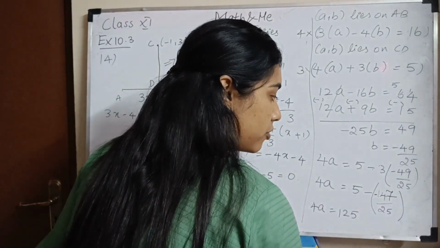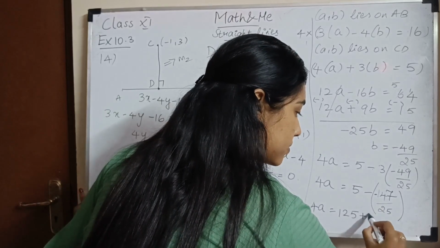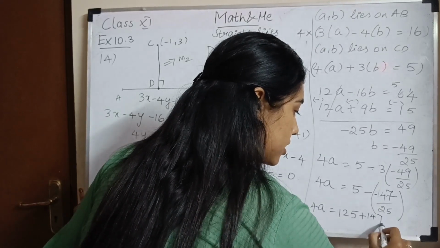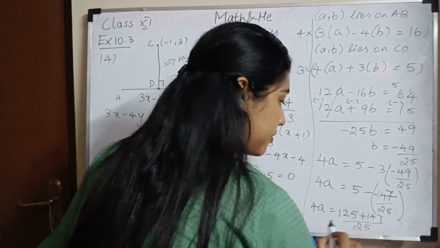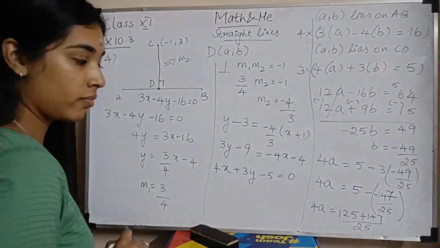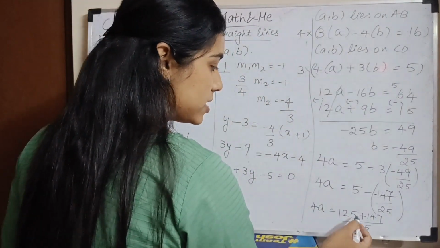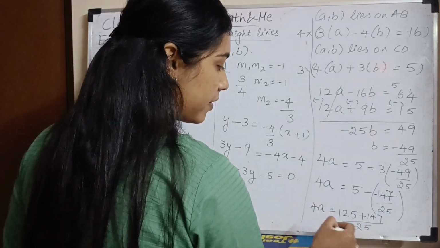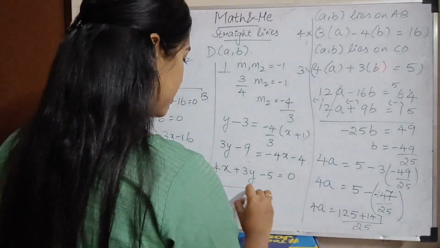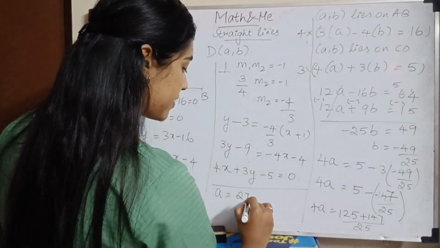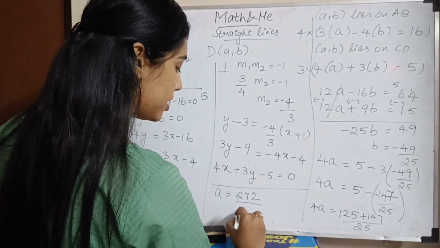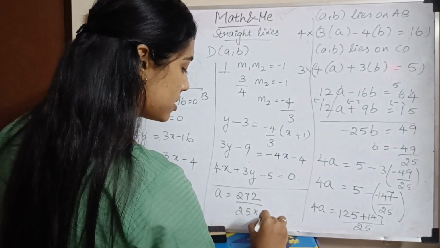Minus of minus becomes plus 147 divided by 25. So A equals 125 plus 147 divided by 100. I'll just write it down here. 272 divided by 25 times 4.